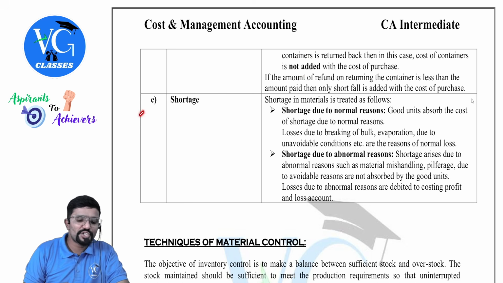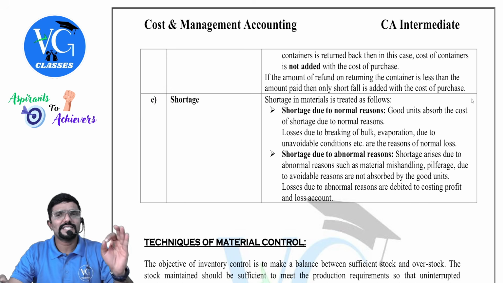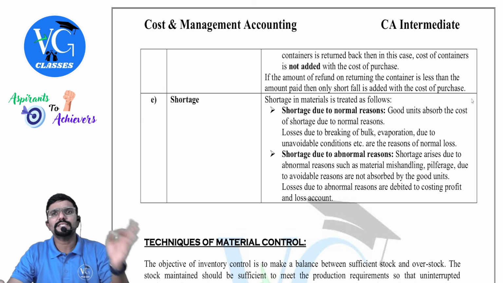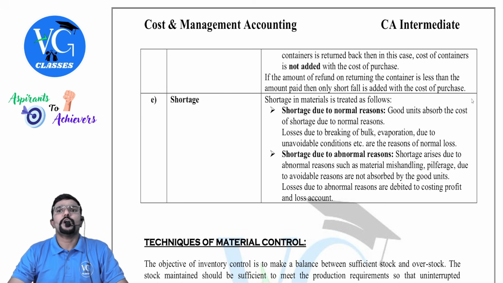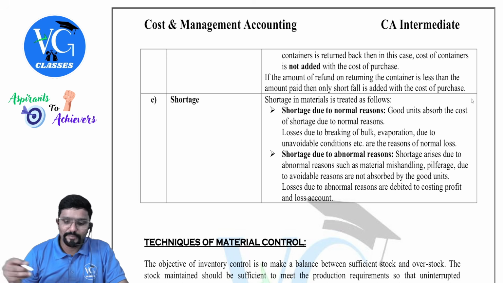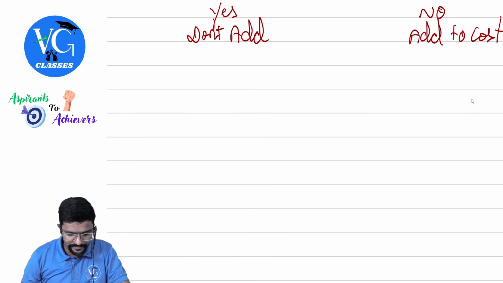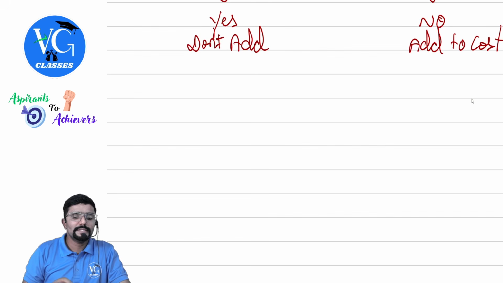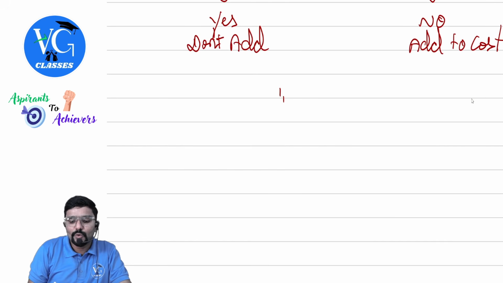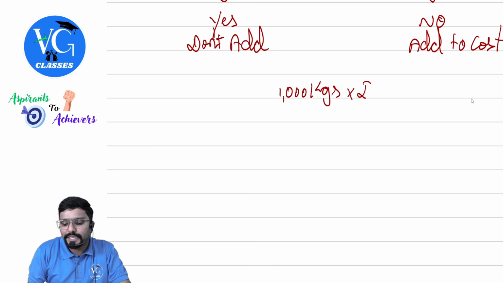Next, if there is any shortage or loss, first identify whether it is due to normal reasons or abnormal reasons. If it is due to normal reasons, don't give any separate treatment. Let me explain with an example. Sir, I have purchased 1,000 kgs of raw material at 10 rupees each.